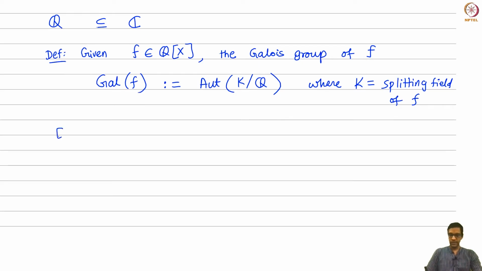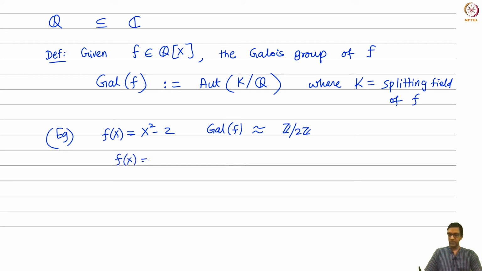So for example, we have seen many such examples before. If it's a quadratic x² − 2, then the Galois group of this polynomial has cardinality 2, so it's just isomorphic to the cyclic group of order 2.